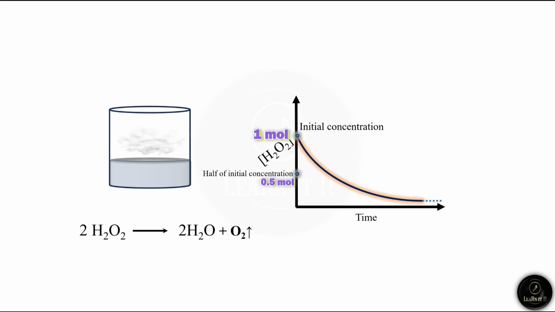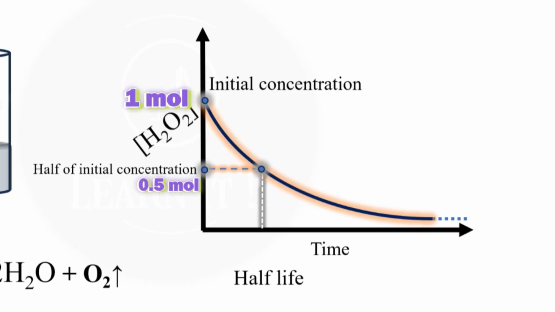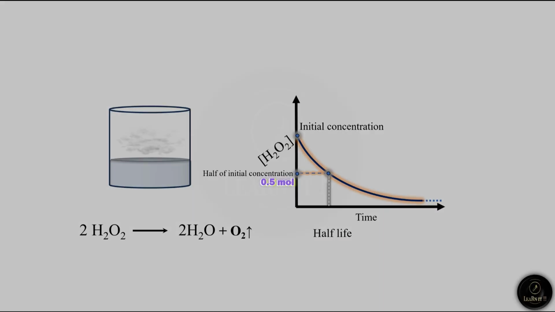And if we draw a straight line parallel to the x-axis, and note down the point on the curve, and then draw a straight line along the y-axis, which cuts the x-axis, then that point indicates the half-life of a reaction. So remember, this is a graph of concentration of the reactant versus time.